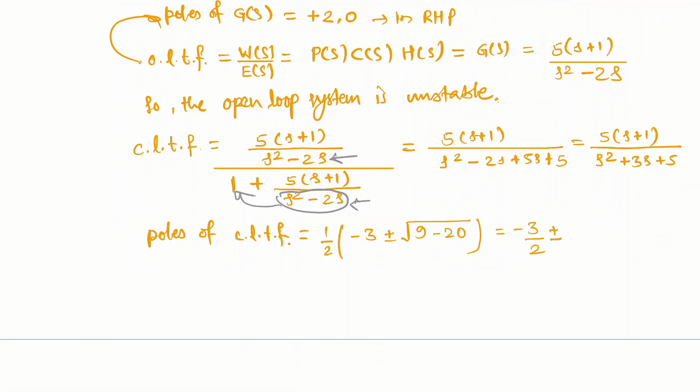So we have complex poles with real part on the negative side, that is, in the left half of the complex plane. So we can say that the closed loop transfer function is a stable system. So with the help of a controller, we were able to stabilize this particular system.